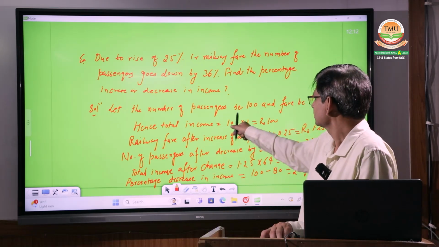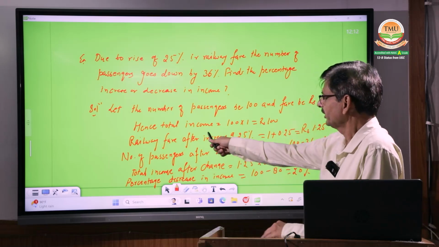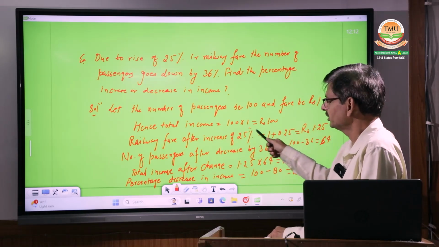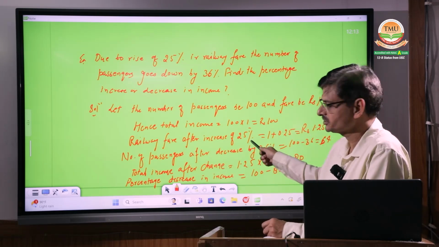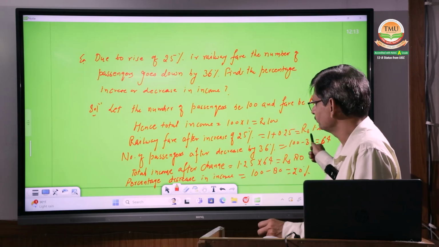Let the number of passengers be 100 and fare be rupees 1. Hence the total income is 100 into 1, that is rupees 100, and railway fare after increase of 25% is 1 plus 0.25, that is rupees 1.25.